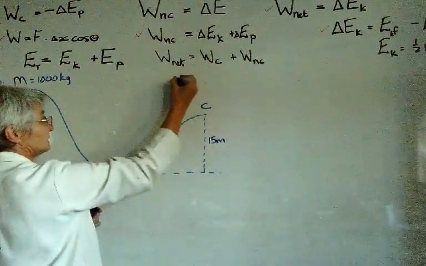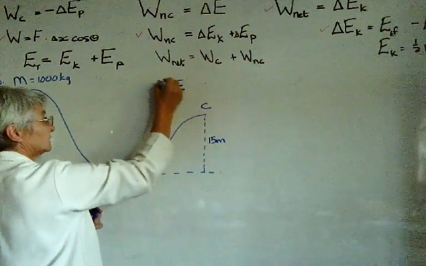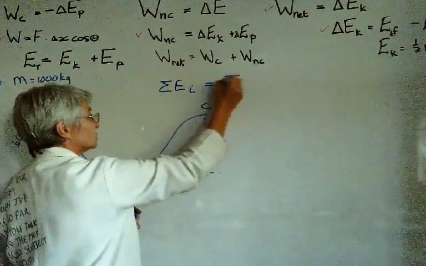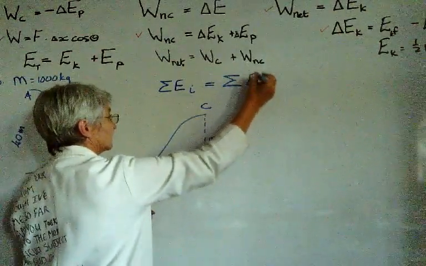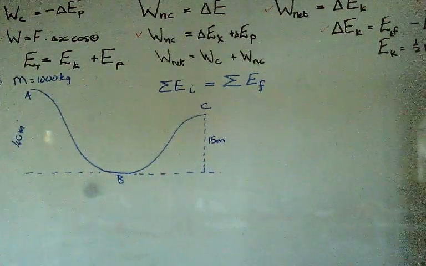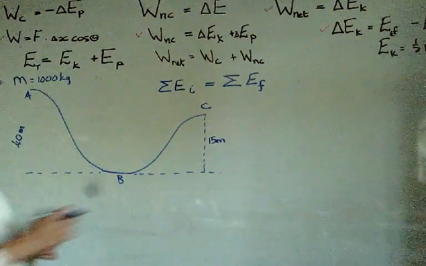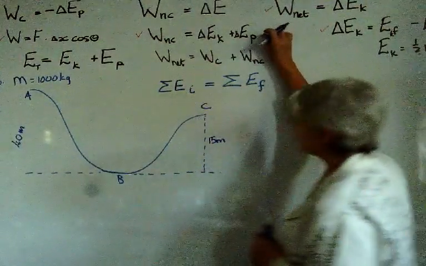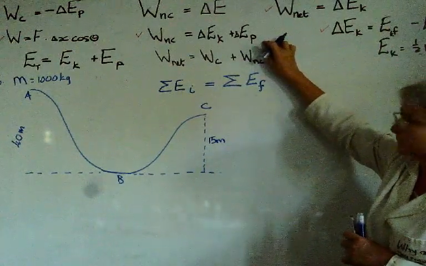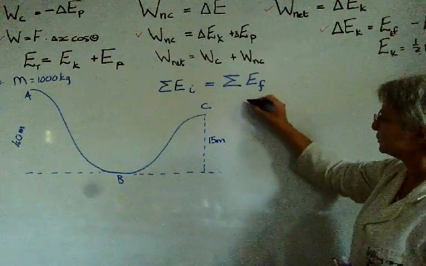I'm deliberately doing it this way now to show you there is another way. It comes from this equation where WNC will be 0. So my initial mechanical energy would be half MVI squared plus MGHI. Are you with me? Yes, sir.